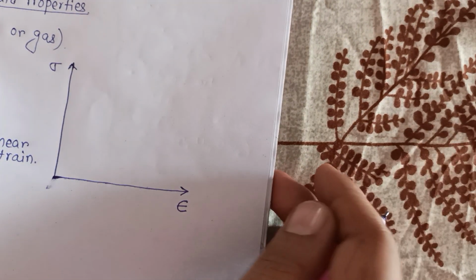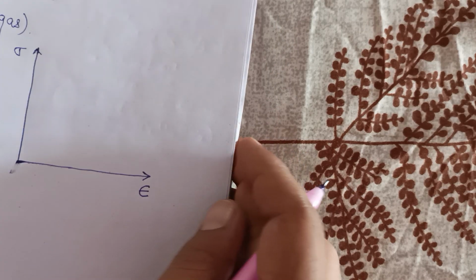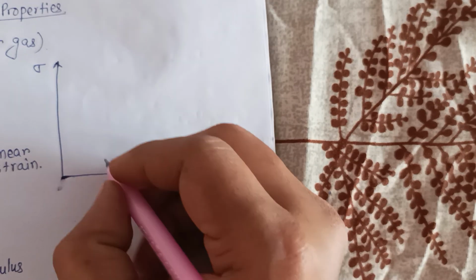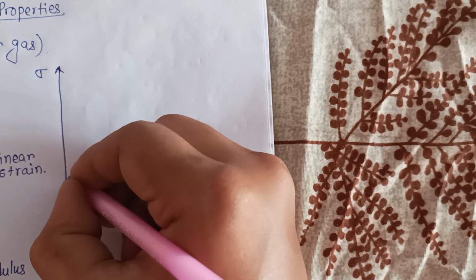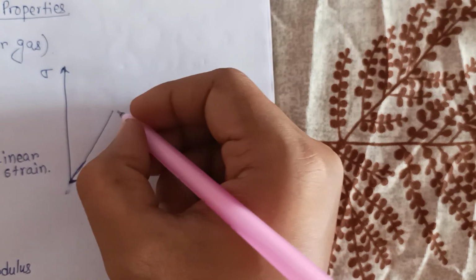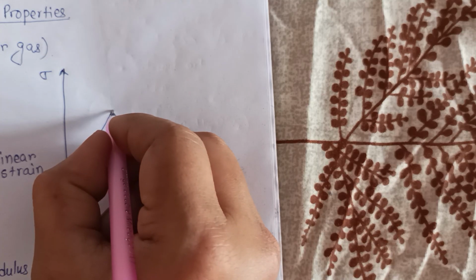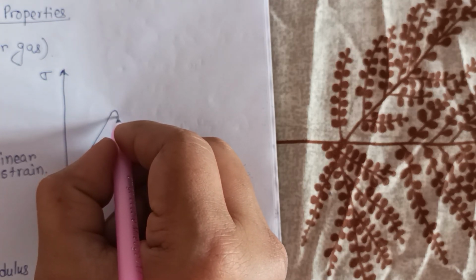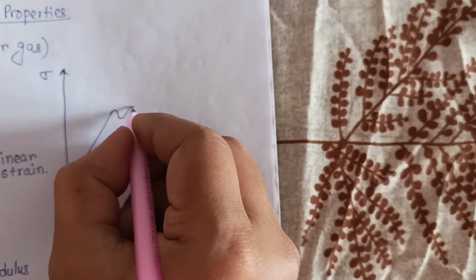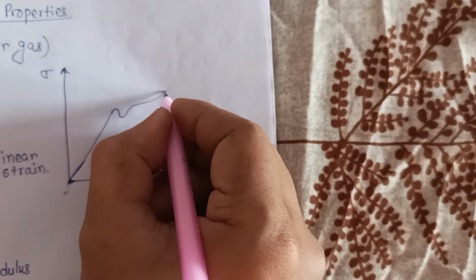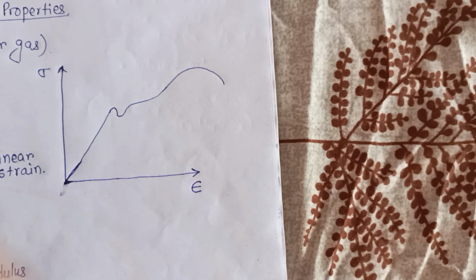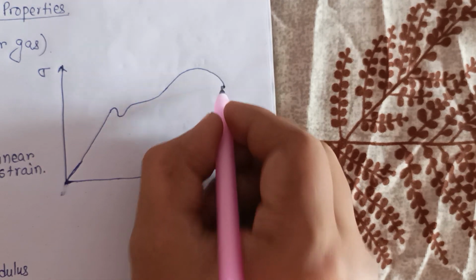If we draw the stress strain curve for a solid, focus on mild steel. First the curve will be linear, the stress is proportional to strain up to one point, then the stress decreases, and then the stress increases like that. This point is the fracture point.